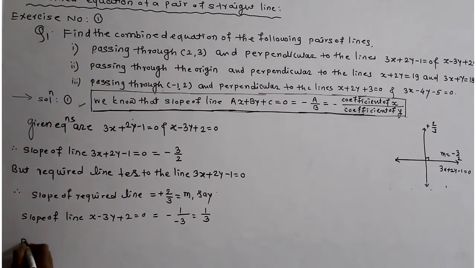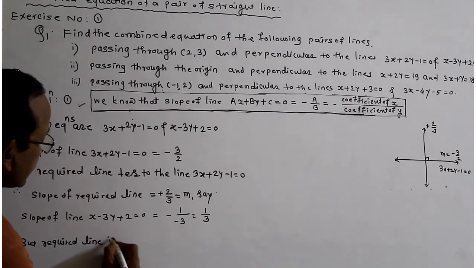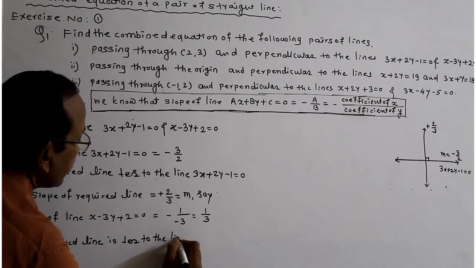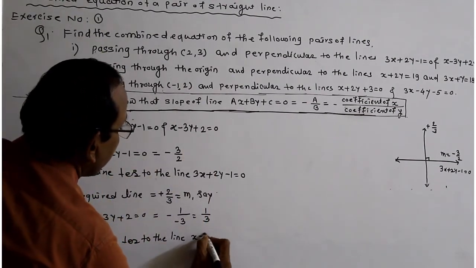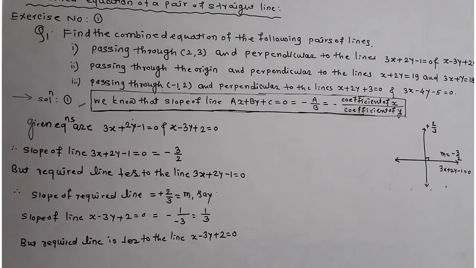But the required line is perpendicular to the line x minus 3y plus 2 is equal to 0.